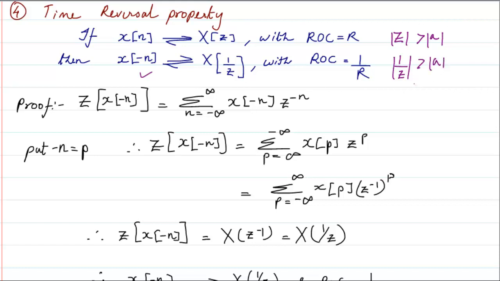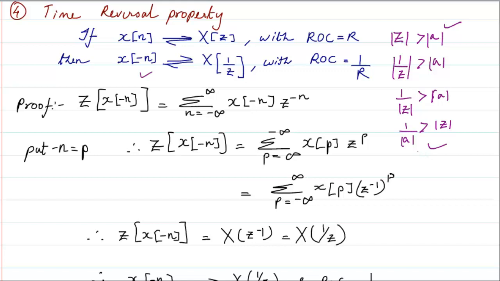Bringing z to this side and a to the other side, it becomes magnitude of z less than 1 by a. Am I correct? So what has happened? z was greater than a, and now it has become less than 1 by a. That means it has straight away got flipped.